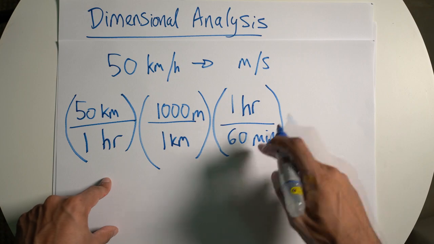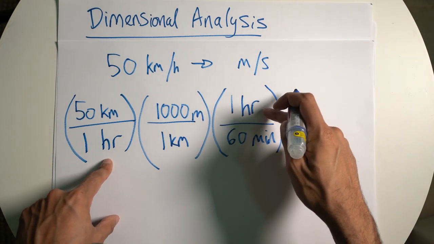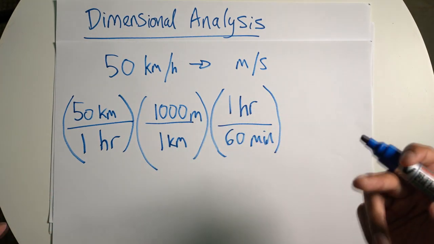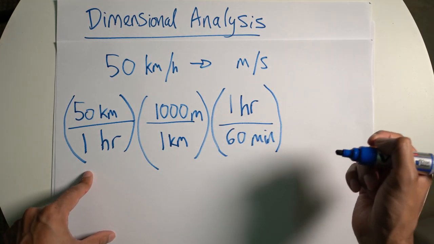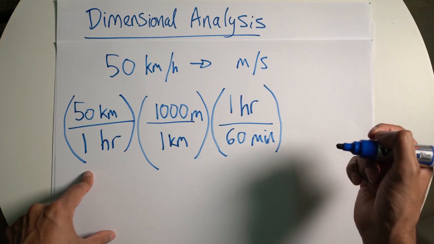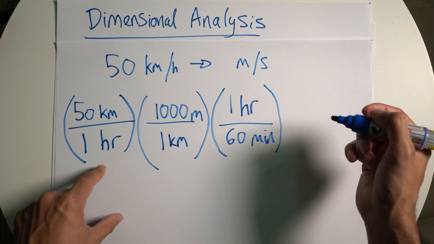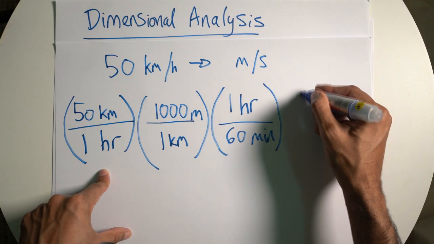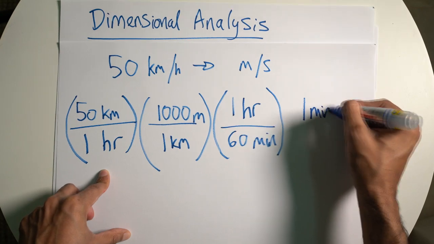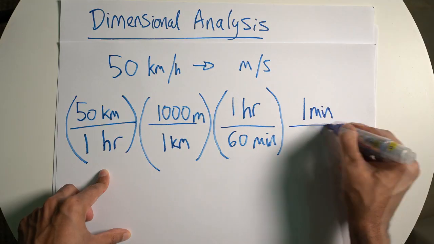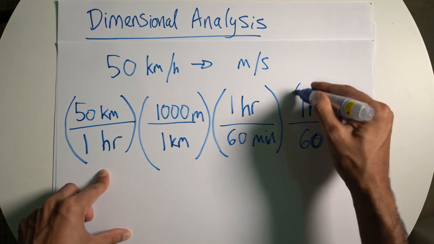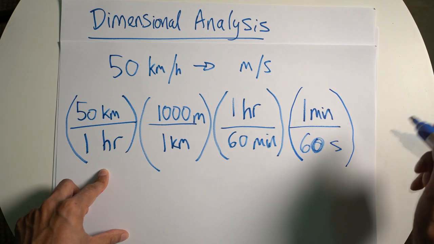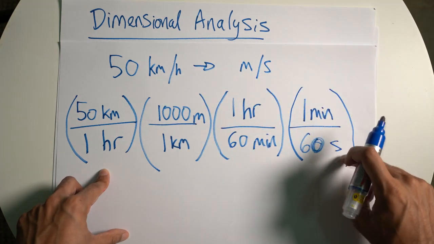And again, we don't want meters per minute. We want meters per second. So we've got to get rid of this minute somehow. So in 1 minute, so that way we can cancel that out, we have 60 seconds.